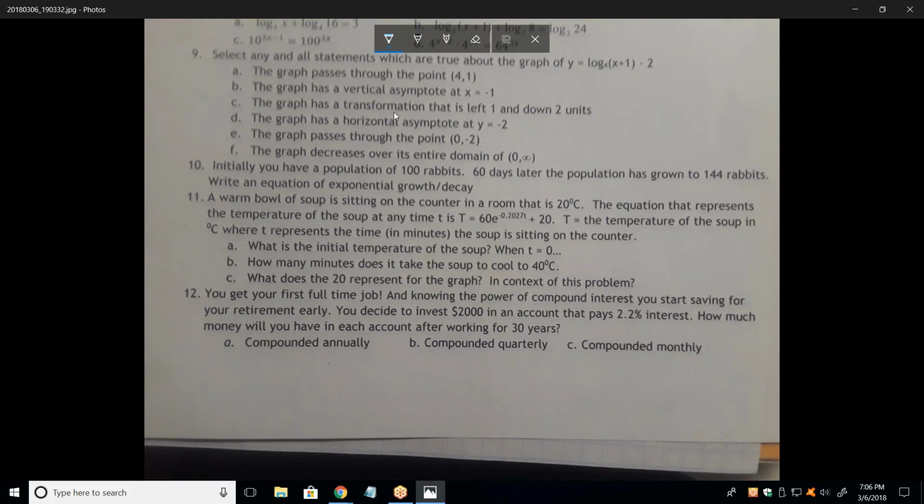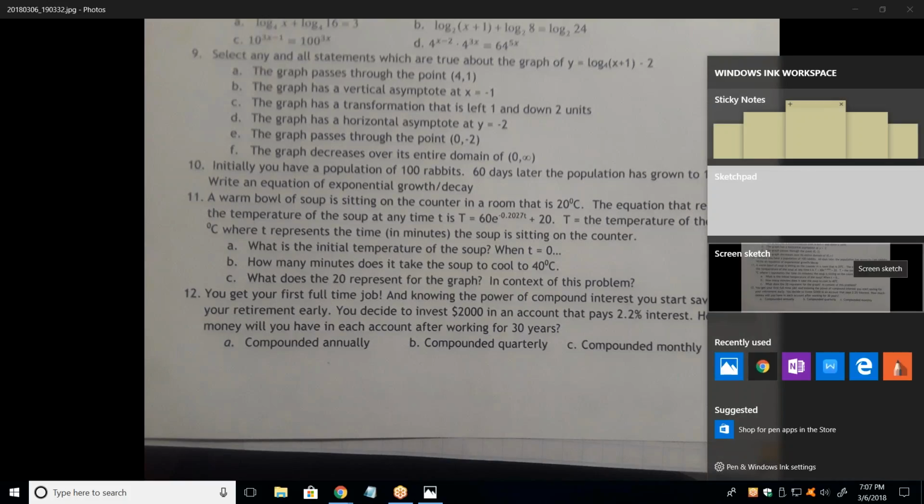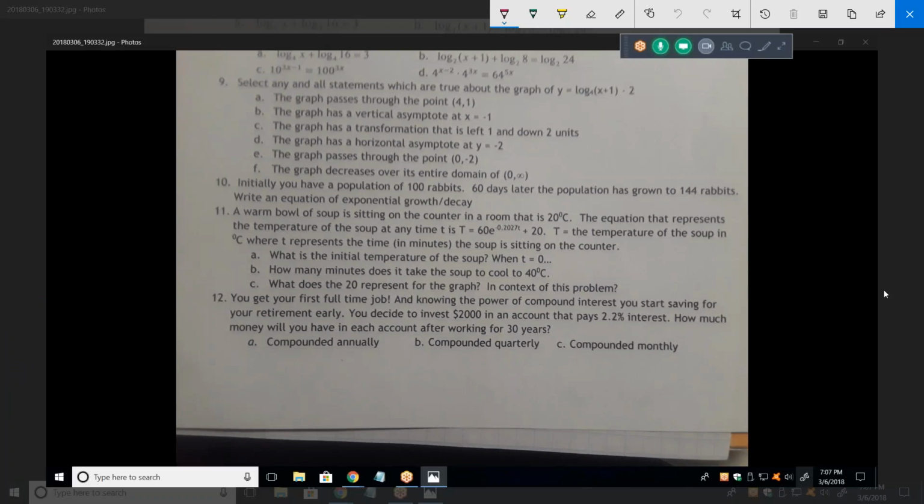But the rest of the questions talk about vertical asymptotes, horizontal asymptotes. Maybe we should try graphing this thing. Okay, that's what I would suggest we do. That might make some of the others easier to do.